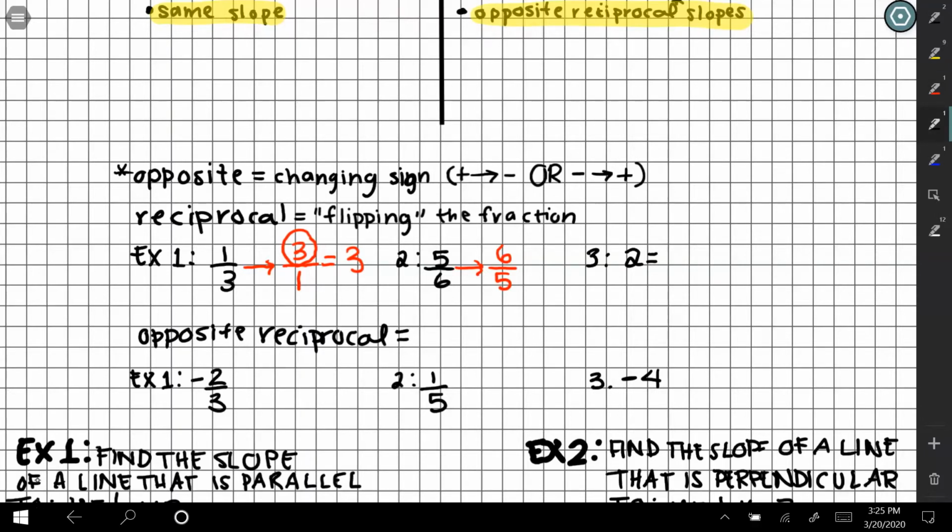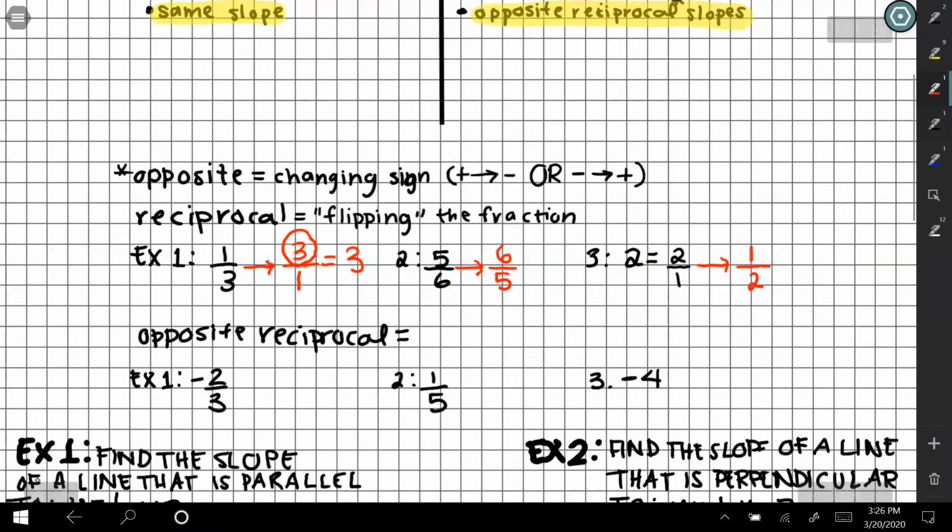So any whole number, I can write it as a fraction over 1. So 2 is the same as 2 over 1. And now I'm going to find the reciprocal of it. So 1 is at the bottom, it's going to move to the top. 2 is at the top, it's going to move to the bottom. So those are all of my reciprocals.